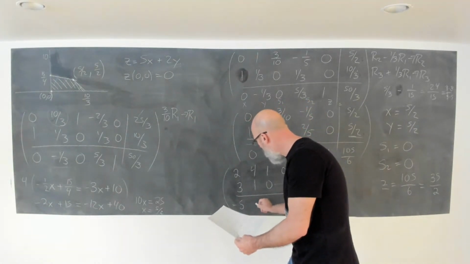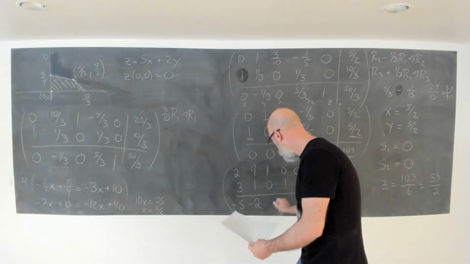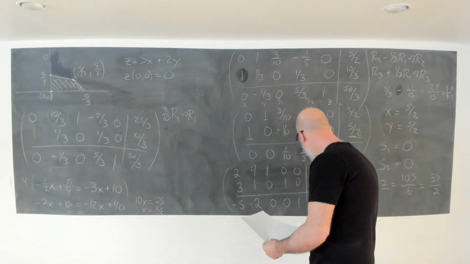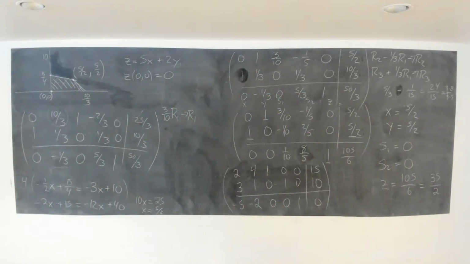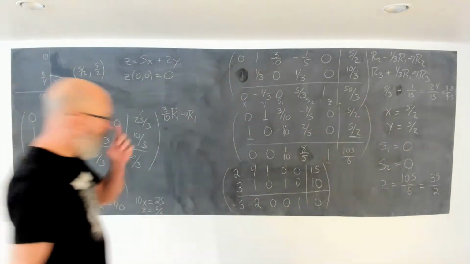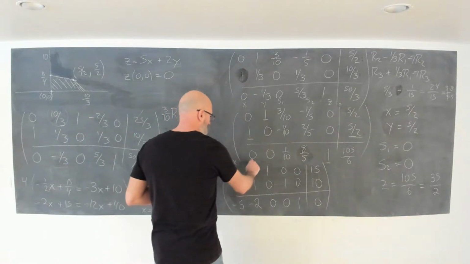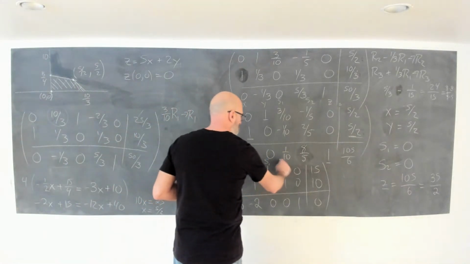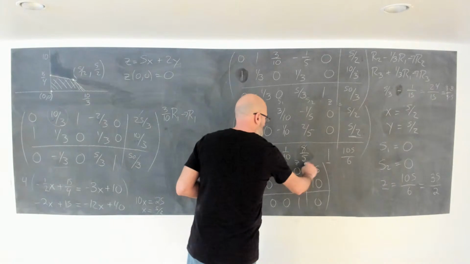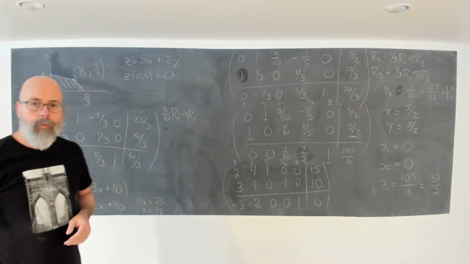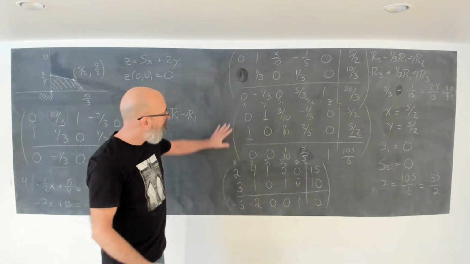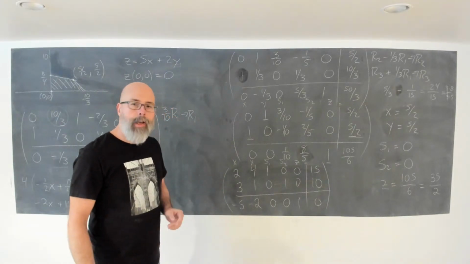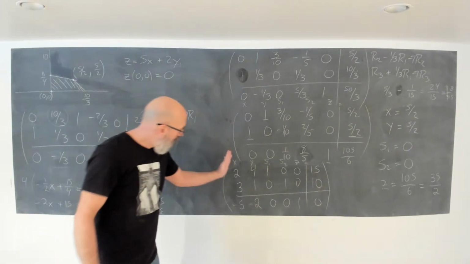And minus 5. I want to say that this is what we had, right? Where this is x, y, s1, s2, z.